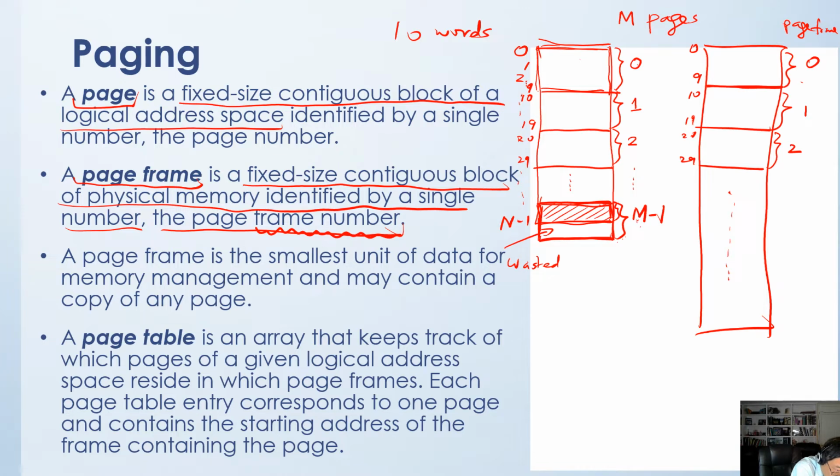We can actually go all the way, so the memory eventually is going to have page frame number, let's say, k minus 1. So that memory contains k page frames.